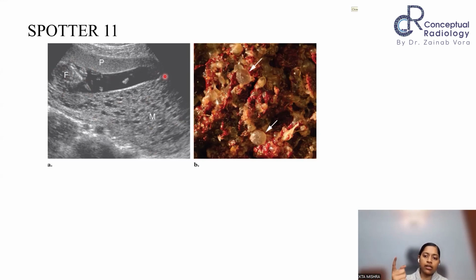So what is the condition where the fetus is absolutely normal and I don't see an amorphous baby and this snowstorm appearance? Diagnosis? Excellent. So this is a twin pregnancy.